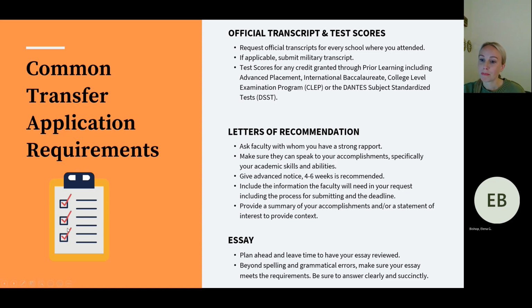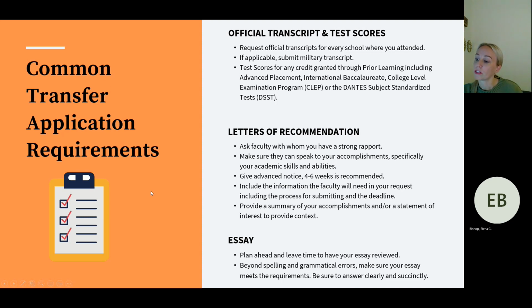Also, do not feel intimidated to ask for a letter of recommendation. This is very common, and if you had a successful time in their class, instructors and professors should typically be pleased to help you by providing a letter of recommendation.